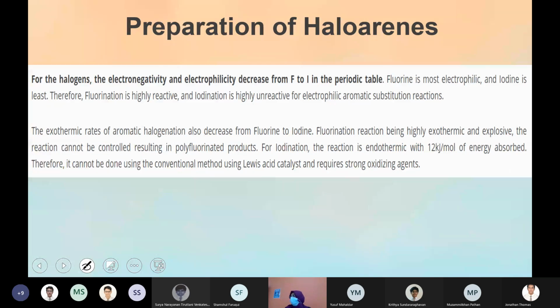But for fluorine and iodine, for fluorine you cannot do it at all in the lab by this method, because the reaction is highly reactive and explosive. And for iodine it's very less reactive, so you have to use a strong or better oxidizing agent.